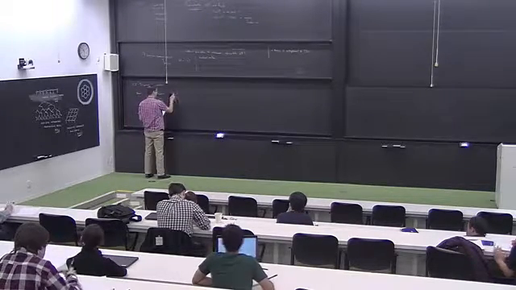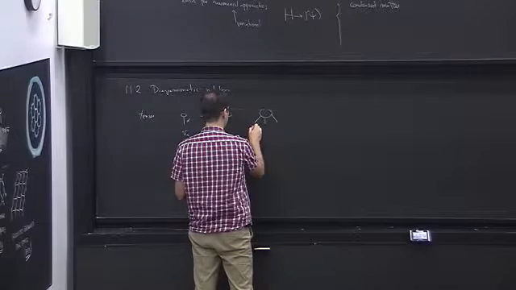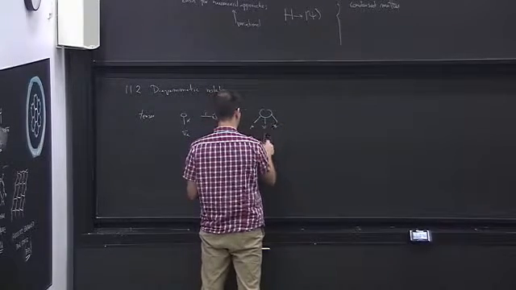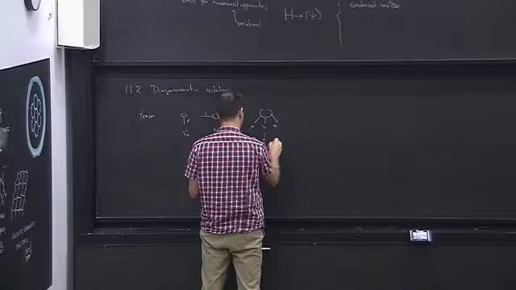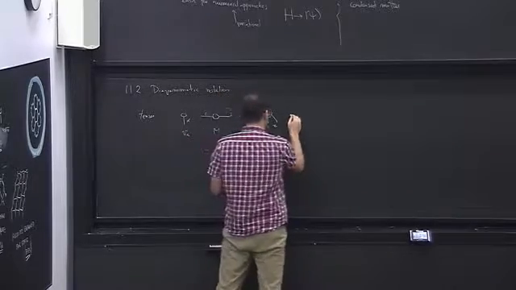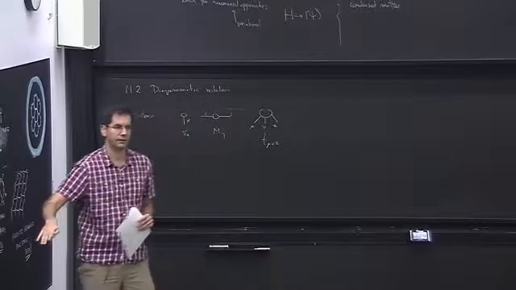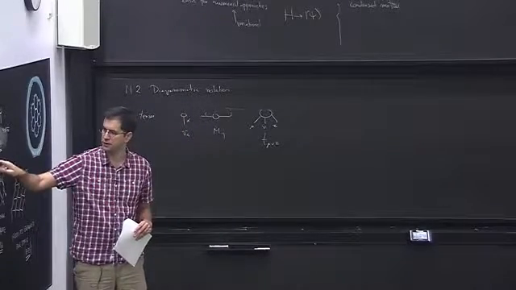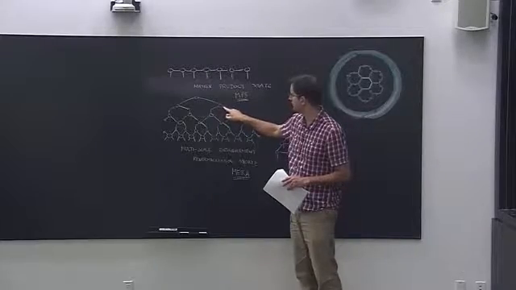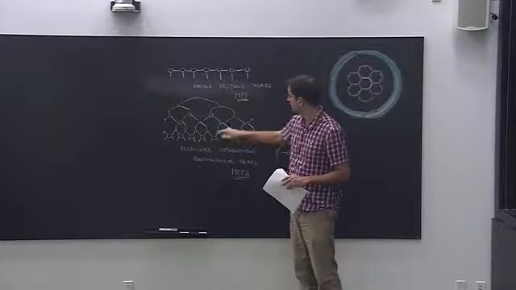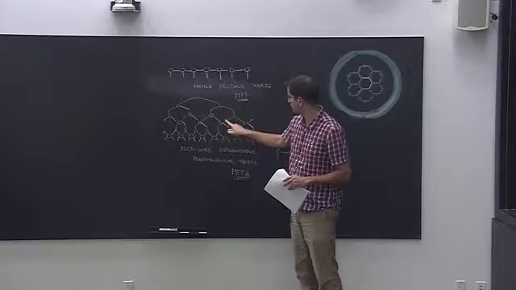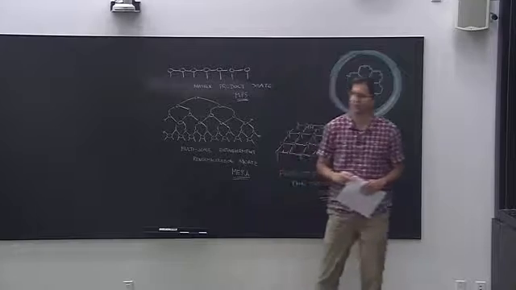Three legs, etc. Okay, so we want to understand what these drawings mean. And the first thing I say is, every time you see a circle with a number of legs, that's a tensor. In this case, this tensor has three legs, so three indices. And this one has four indices, and so on. Okay?